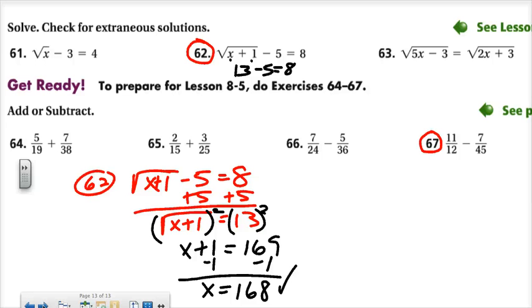So basically, we know 12 times 1 is 12, 12 times 2 is 24, 12 times 3 is 36, and you just keep building up here as you go.